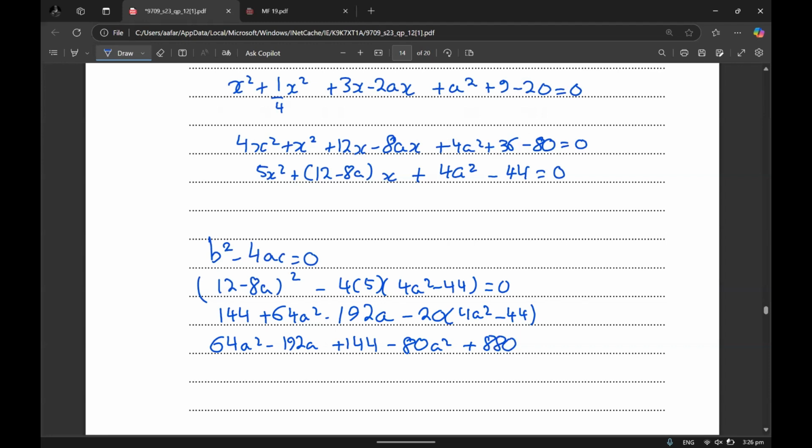We get 64a square minus 80a square, minus 192a, plus 144 plus 880 is equal to 0. Let's simplify.